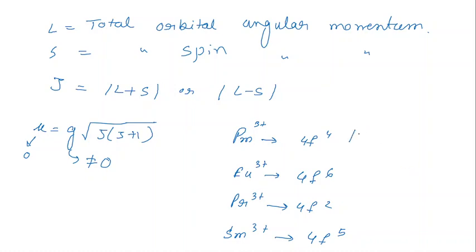Now for here, 6, 7, 4 electrons. 3, 2, 1, 0, minus 1, minus 2, minus 3. So here what will be the value of L? 3 plus 2 plus 1, and this is 0. So 7.